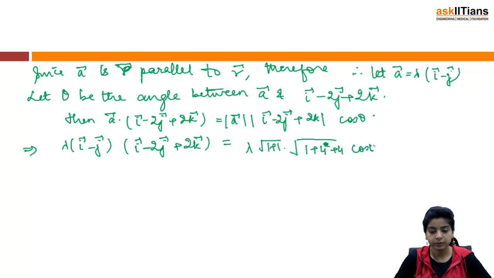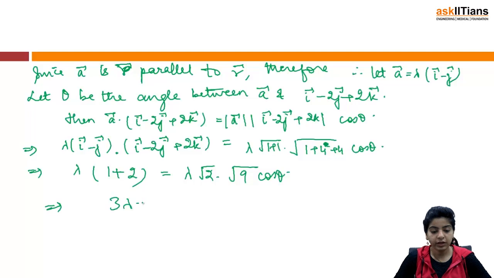into cos theta, right? So this implies lambda times, now I'll take out this dot product, so this is A times this, A into this, so this will give me lambda times 1 plus 2, because i dot i would be 1 and then we'll get zeros, so I have 1 plus 2 is equal to lambda times under root 2 under root 9 cos theta.